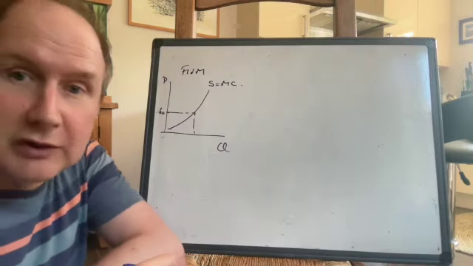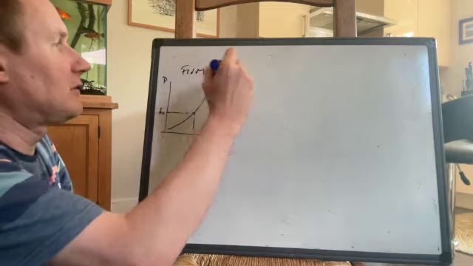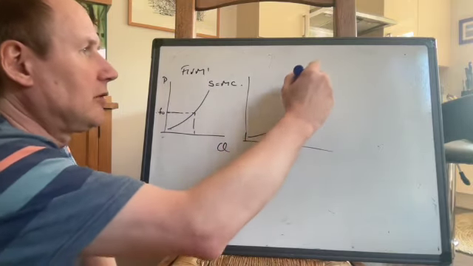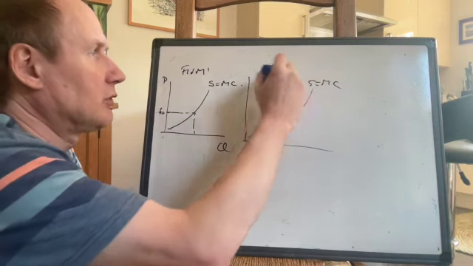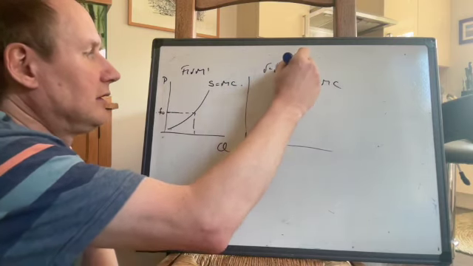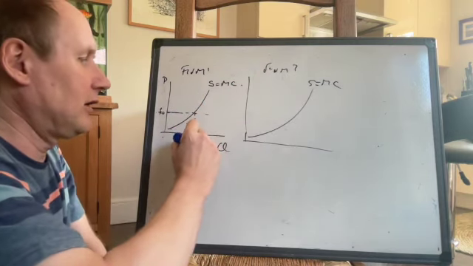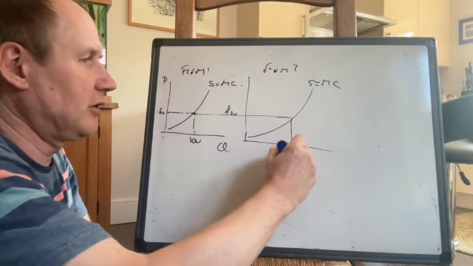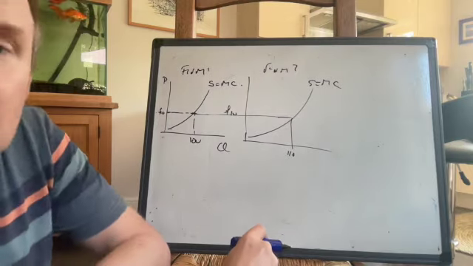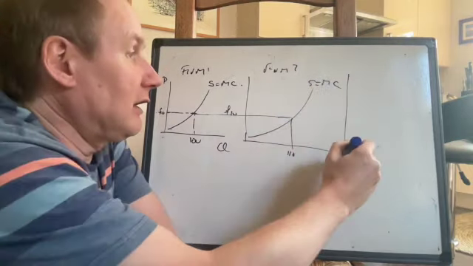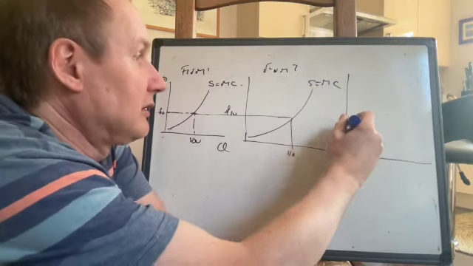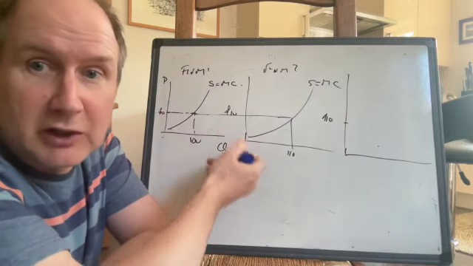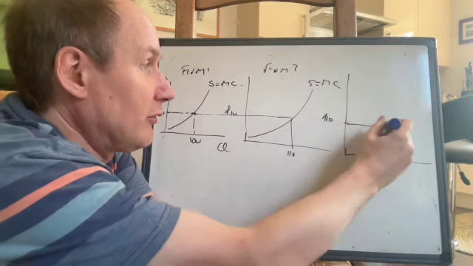If we look at the industry, so if that's firm 1, and then we have a similar firm 2, there's supply equals marginal cost for firm 2. Let's suppose at a price of 10 quid, firm 1 is supplying 100 and firm 2 is supplying 110. If there are 2 firms in the industry, supply is 100 from firm 1 plus 110 from firm 2.